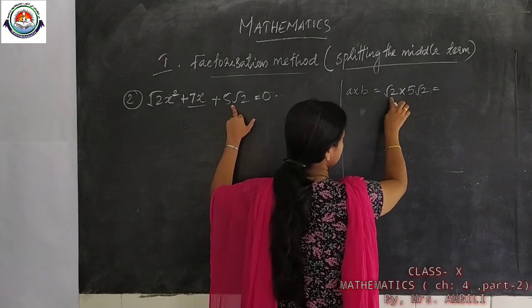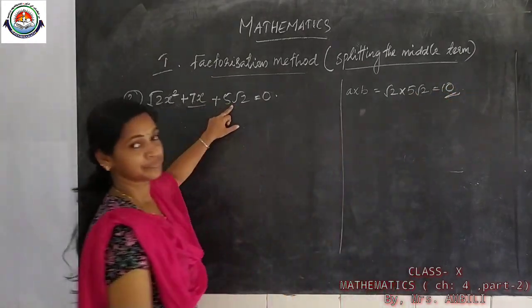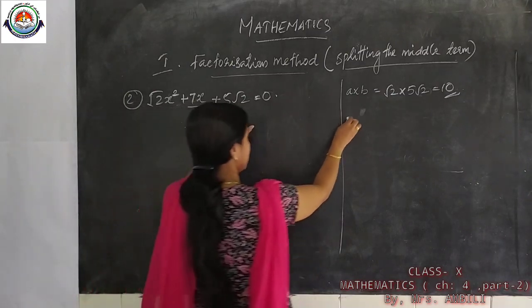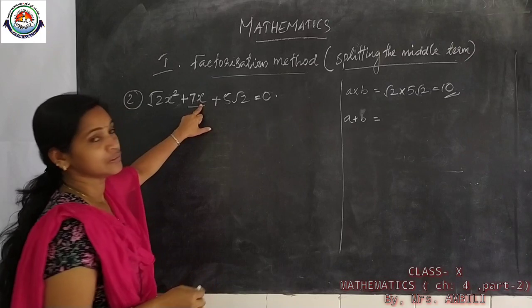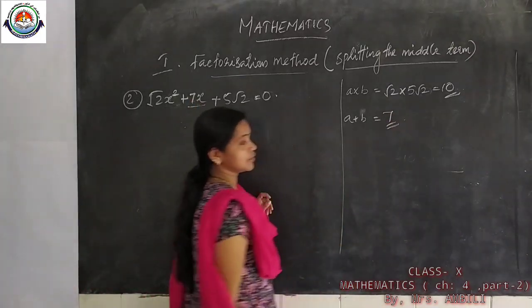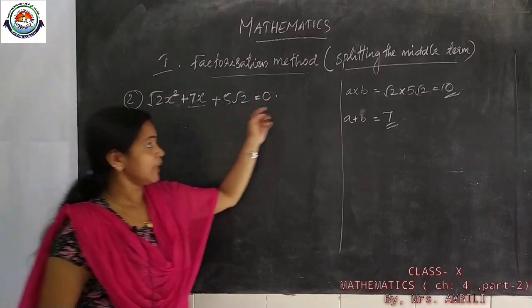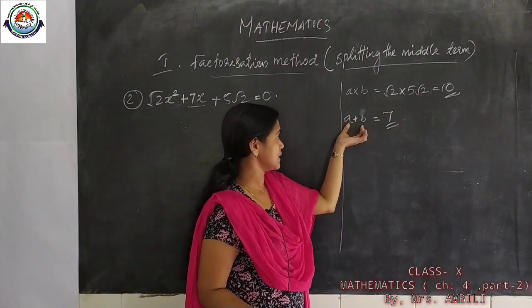Root 2 into root 2, 2. 2 into 5, 10. So, a into b we need to get 10. What about a plus b? 7, the coefficient of x. So, when we multiply two numbers we need to get 10 and that is the sum we need to get.